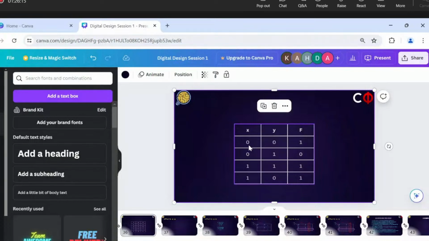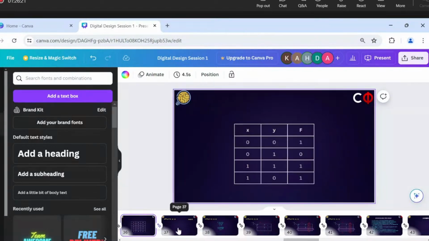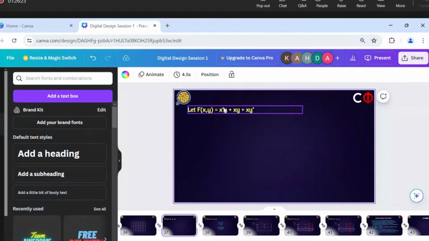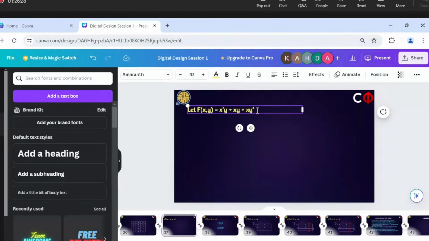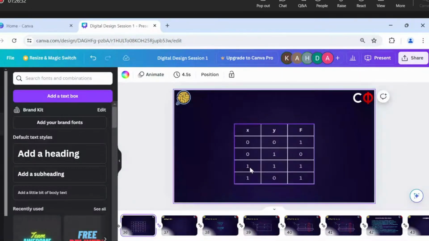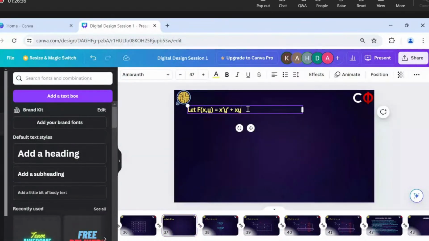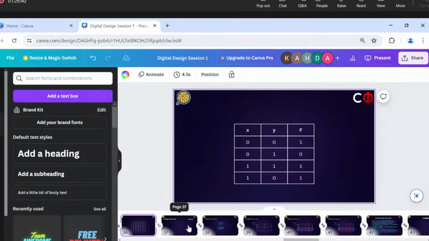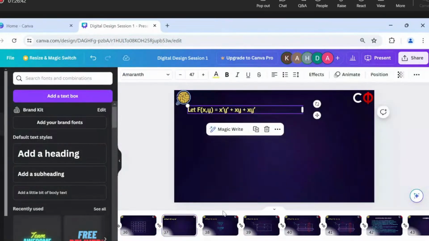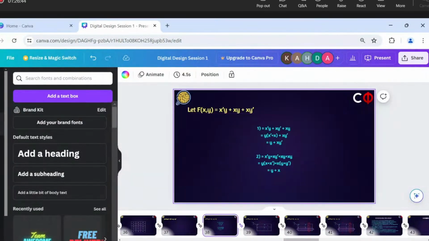So I'll go and change the function. So it's going to be x prime y prime plus xy plus xy prime. Yeah, so that is the function which we are going to be having right now. So I'll change it in all these slides. I'll leave it in this slide.